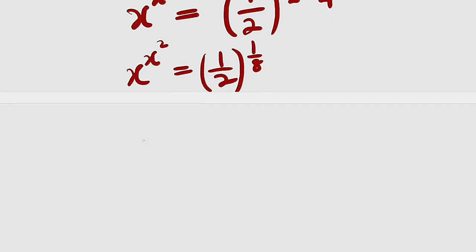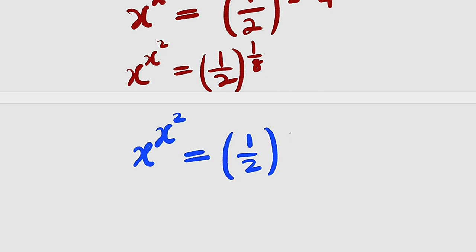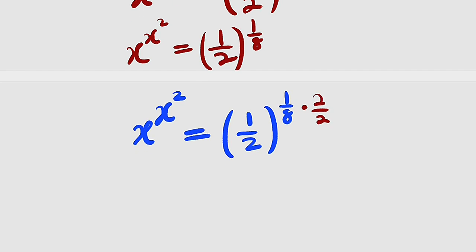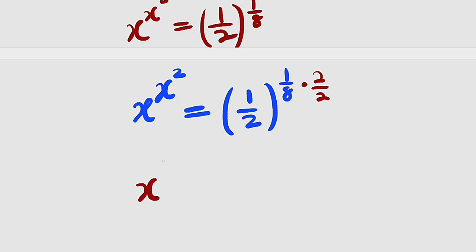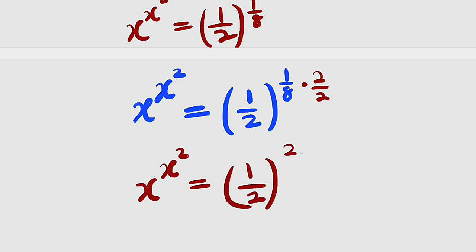So we have x to the power of x squared equal to 1 divided by 2 to the power of 2 divided by 16.